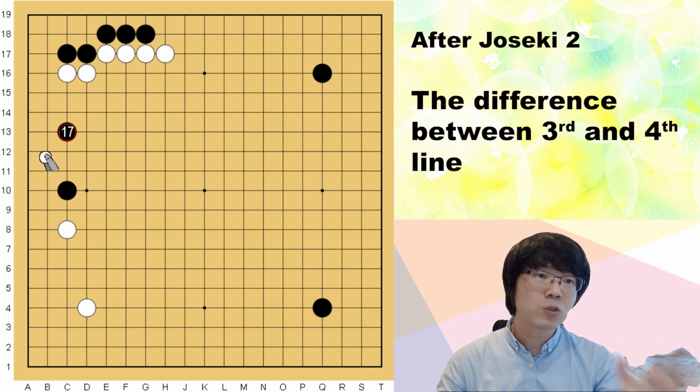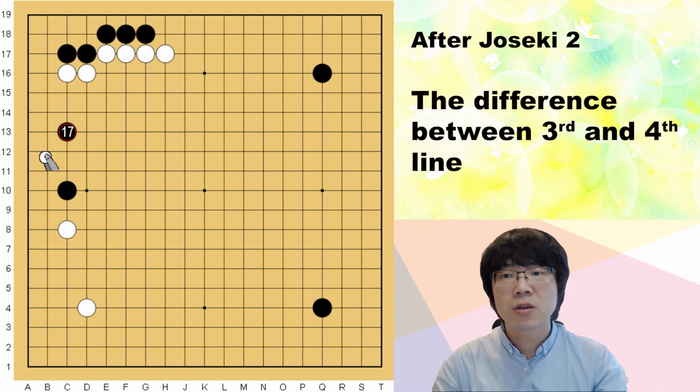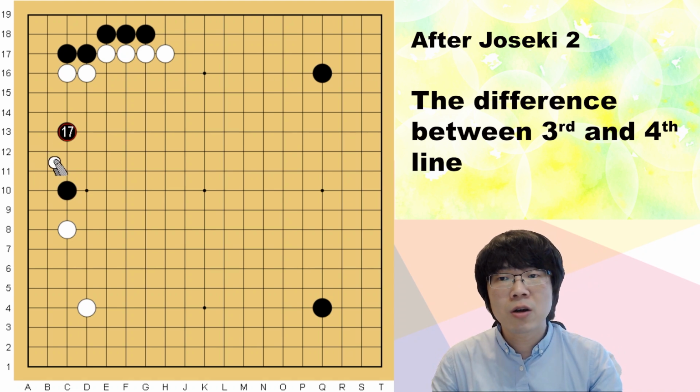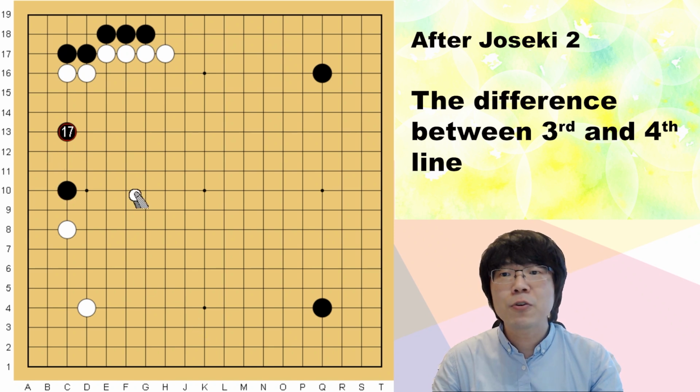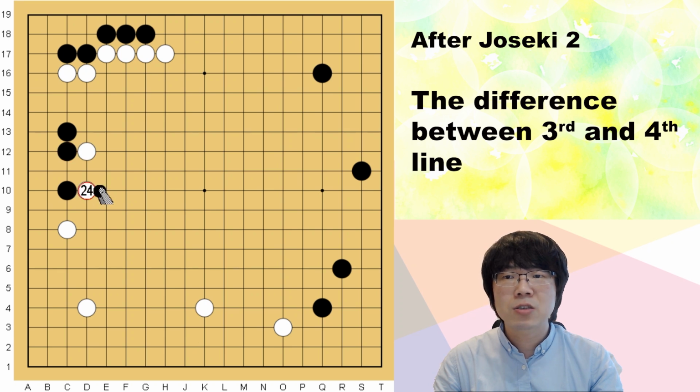But nowadays the logic has changed a lot since AI. We don't really care about the base when we restrict the opponent's territory. You will feel much more comfortable when you have the base, but in the future, even white can play here. But when we have such a move, after this white can press black, something like that.